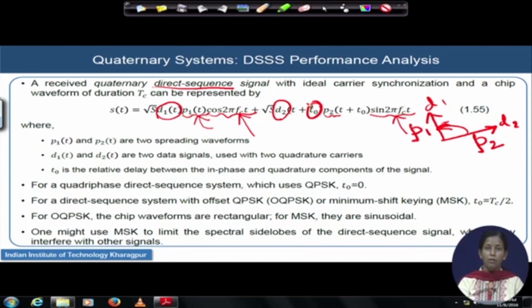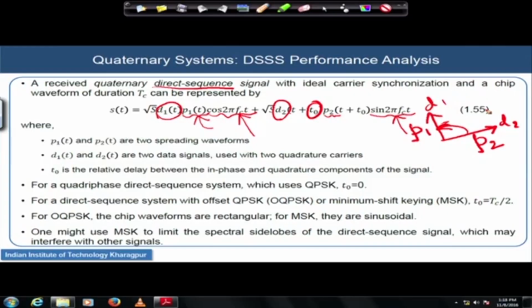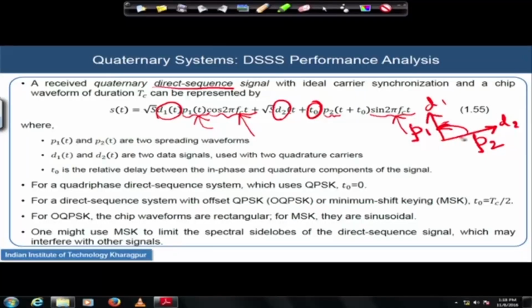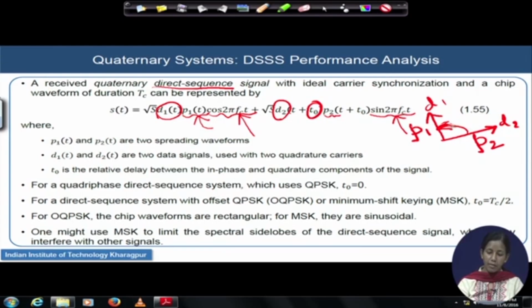So, I repeat, in this quaternary system we have two carriers simultaneously carrying two different data symbols. The data symbols are symbolized here as D1 and D2. Remember, both signals have a dedicated PN sequence, or any kind of code sequence of your choice, to spread the signal, and there is a time delay considered between the signal received over one carrier and the signal received over the other carrier, which we have modeled as T0.